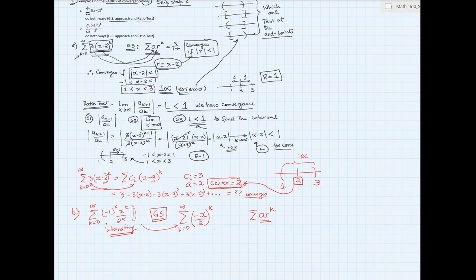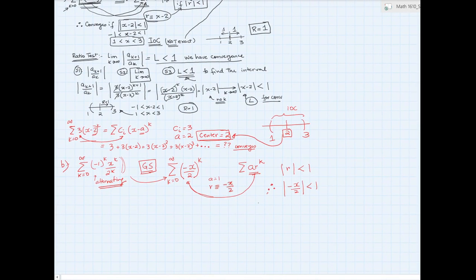So what is the similarity? Clearly a is 1, not that we care for it, but the more important thing is r is negative x over 2. See, this r is the same as this. Now the geometric series converges when the absolute value of r is less than 1. Therefore this power series will converge when the absolute value of negative x over 2 is less than 1.